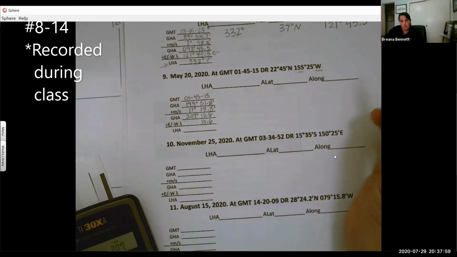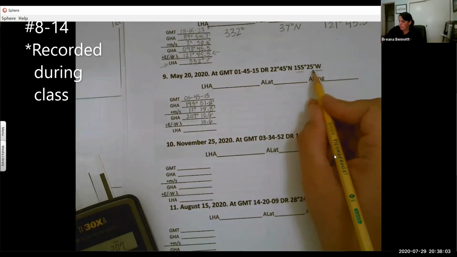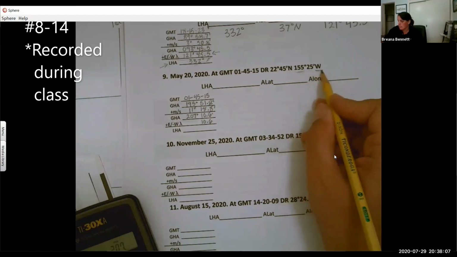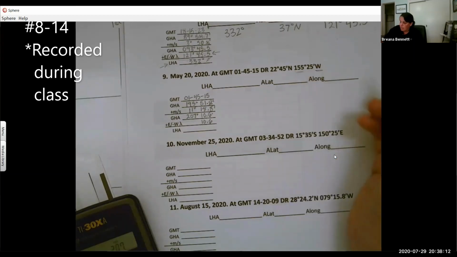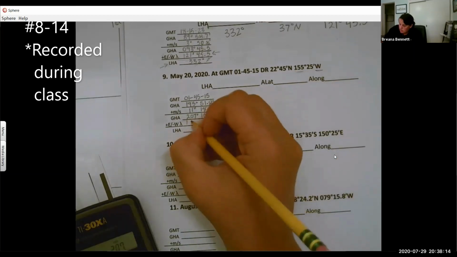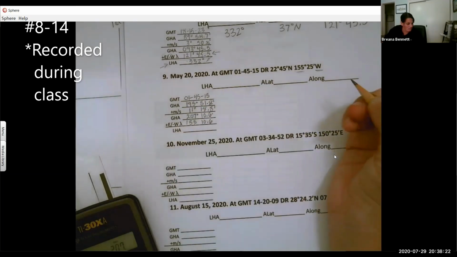Is it 155 degrees 10.6, 154 degrees 10.6, 156 degrees 10.6? It's 155 again. I'm sure I'm going to come up with an example where it's the opposite. Yep, okay.